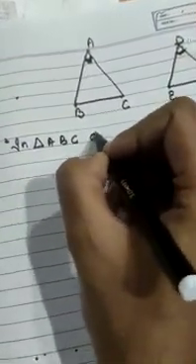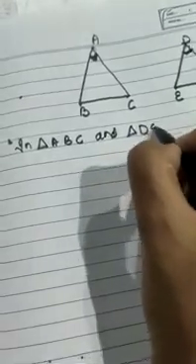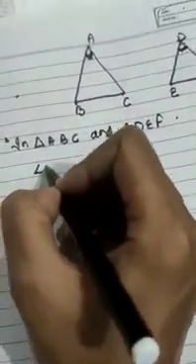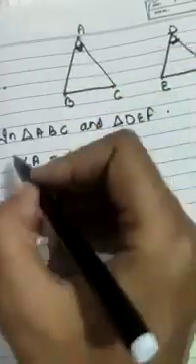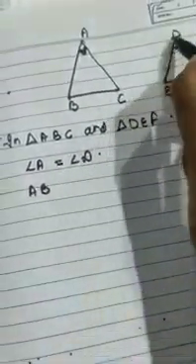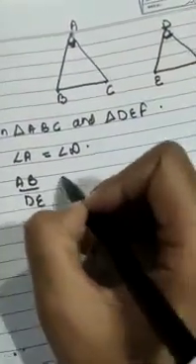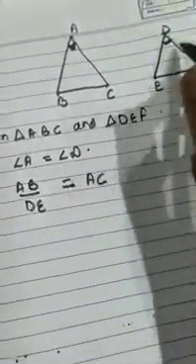Triangles are similar. Look, in triangle ABC and triangle DEF, angle A equals angle D. So the two sides including this angle are AB and AC, and here DE and DF.